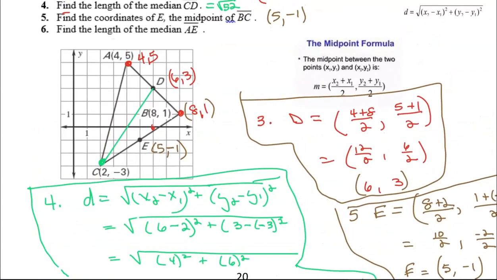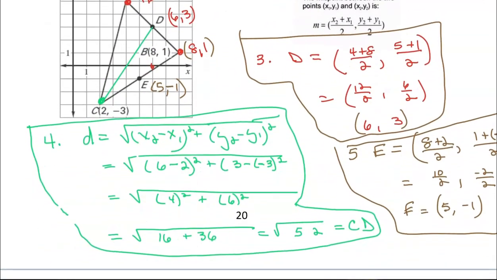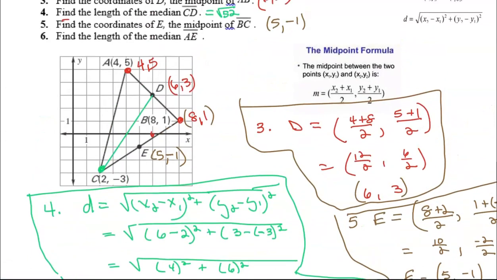Find the length of AE. So I'm going to draw AE. I think I'll draw it in blue. So from A to E, what is that? Add the vertex to the midpoint, that's a median. So I'm going to do that up here. So I'm going to label this 6, and we're going to use the distance formula so it's right in front of me.